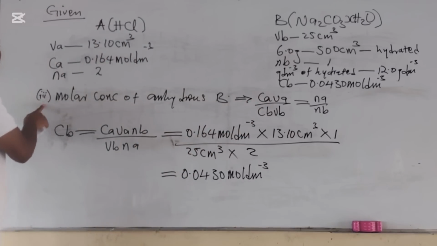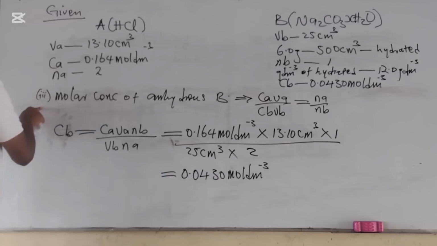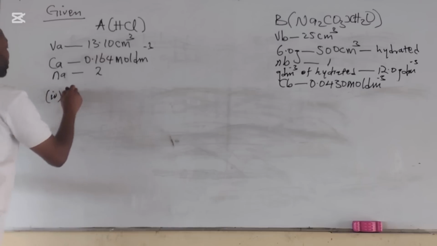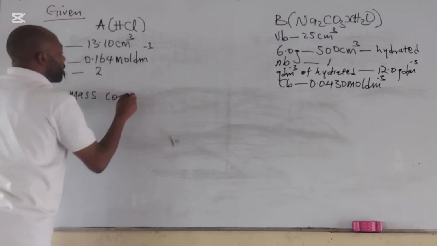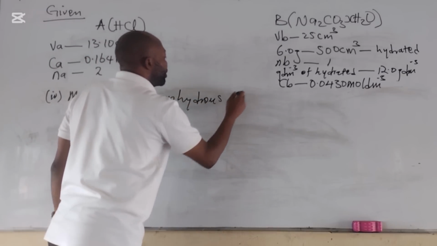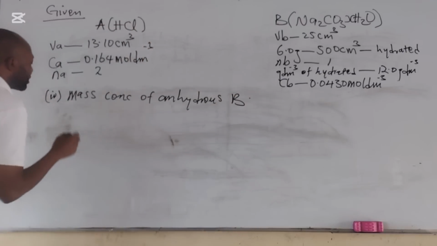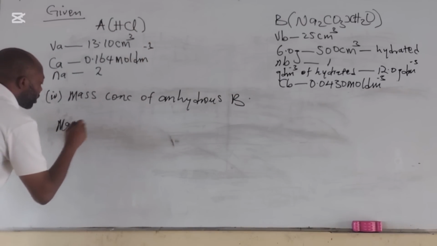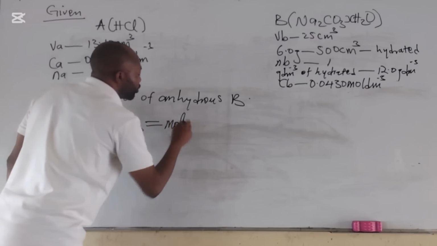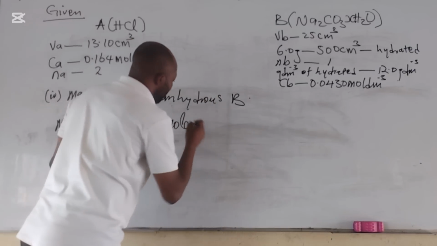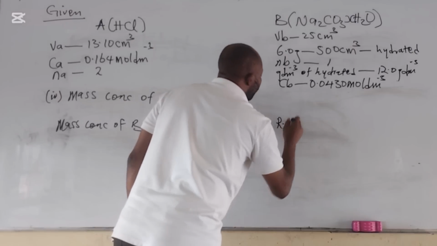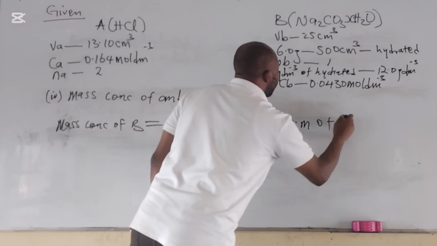So I will call that 4, which is the mass count of the anhydrous B. So for us to do that, the mass count of B is equal to the molar count, which we just finished getting, times the relative molecular mass of anhydrous B.